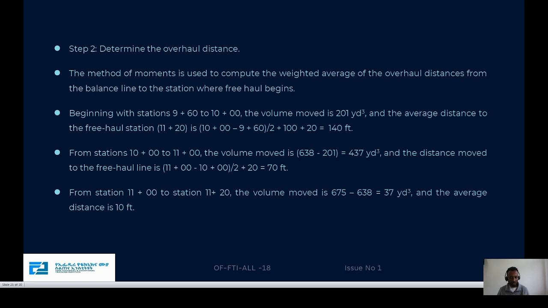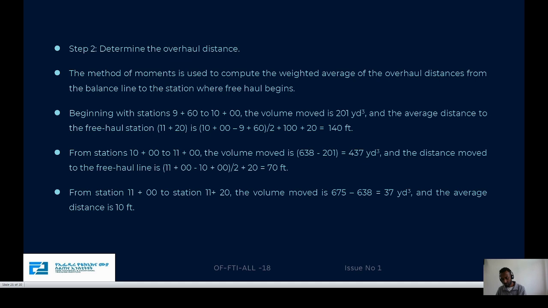So the overhaul distance between 9 plus 00 and 10 has a volume moved of 201. Last time it was calculated, and the free haul distance is 114. So from 10 up to 11, the volume moved is 638 minus 201, so 437. The distance moved in the free haul distance is 70 feet.